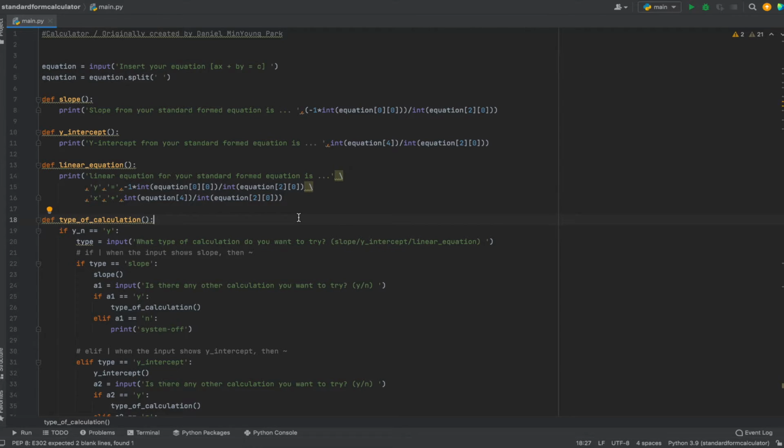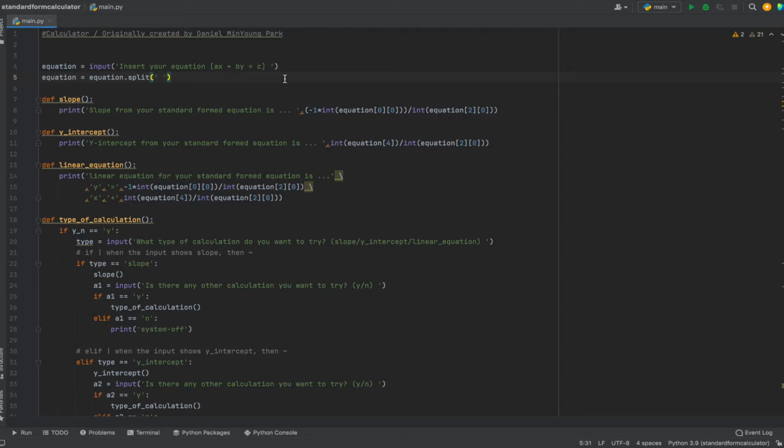Next, I'm defining the y-intercept. I did the same thing as slope by printing y-intercept from your standard form equation is, and then I also did a simple math calculation next to it, which is equation 4 divided by equation 2, 0. Equation 4 is the value of c, and I'm dividing c by the value of b, which will show the result of y-intercept.